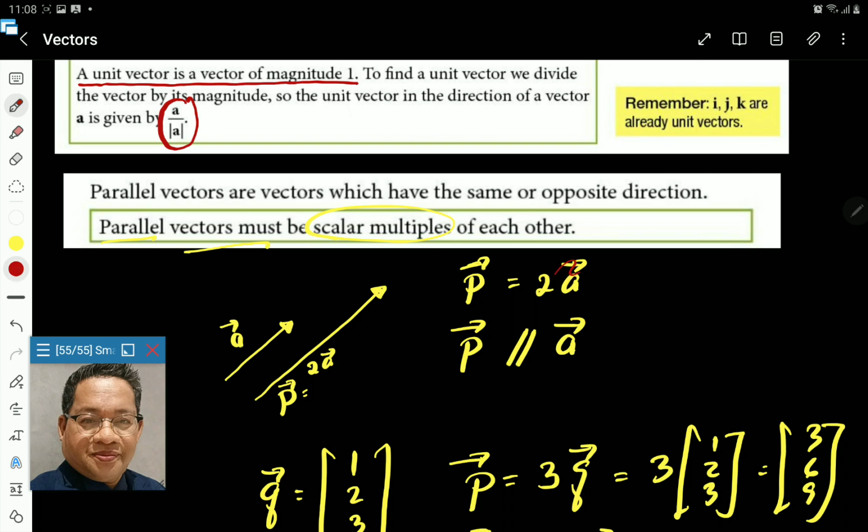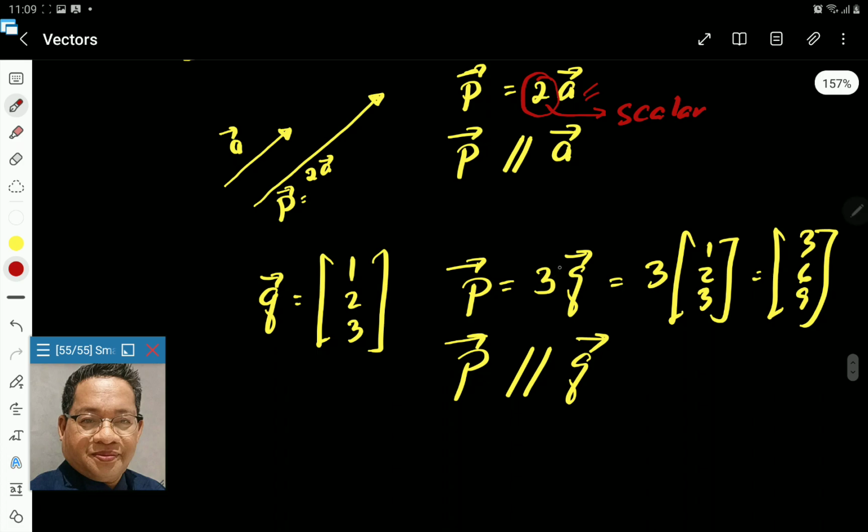So as you can see, the 2 here is a scalar, okay, and it's being multiplied by A, so that's what's called scalar multiplication. Okay, so what about in here? The scalar is 3.